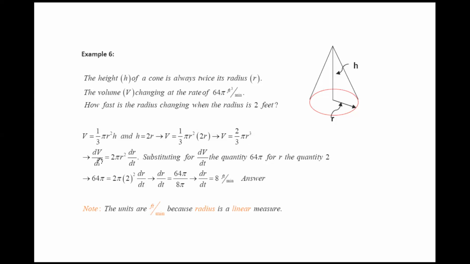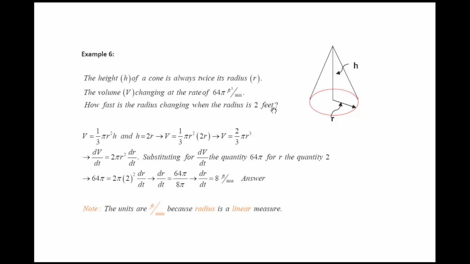Now we'll take the derivative. dv dt is, the derivative of this is going to give us 2 pi r squared dr dt, after we cancel and everything. Now in the place of dv dt, we're going to put 64 pi, and in the place of r, we're going to put 2.